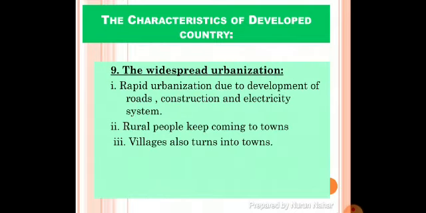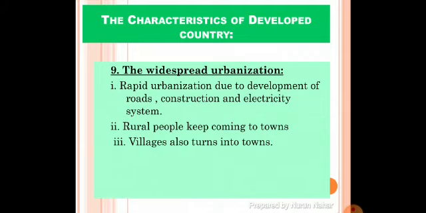Point number 9 is widespread urbanization. Urbanization means turning a place from village to town or city. So, in a developed country, rapid urbanization occurs due to the development of roads, constructions, and electricity system.